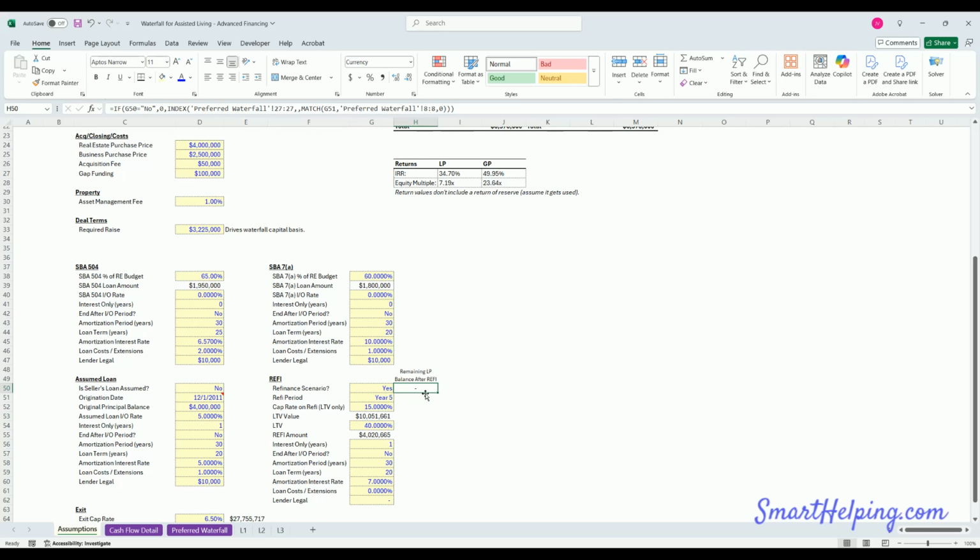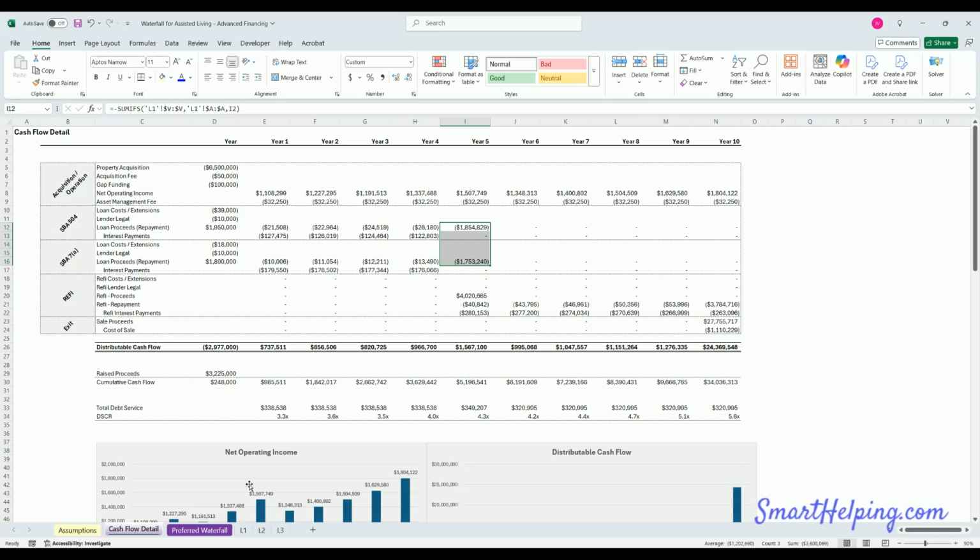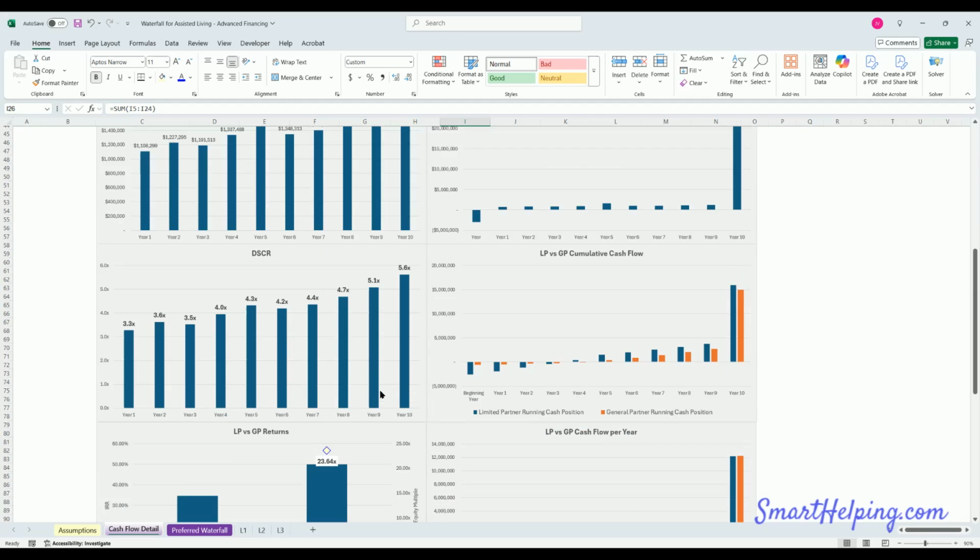Okay, so there you can see we paid back the LP in the refi year. We still got a decent cash flow. Debt service went from 338 to 320. We paid back all of it plus a little bit of extra cash here for year 5. Okay, cool.